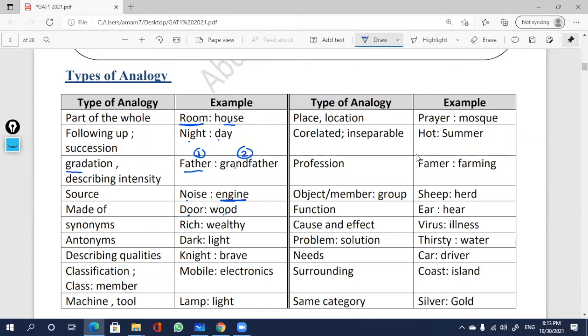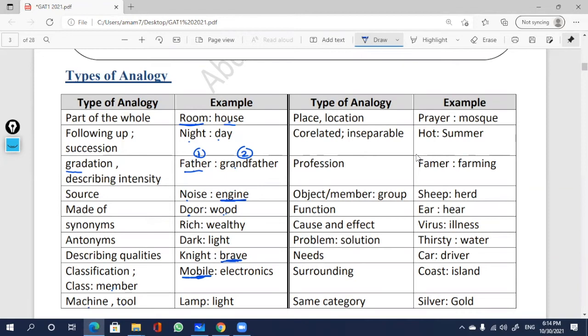We have describing qualities. We have night, brave. Here we have an adjective which we use to describe a night. Classification, we have mobile, electronics. So a mobile is classified as an electronic machine, a class or member.